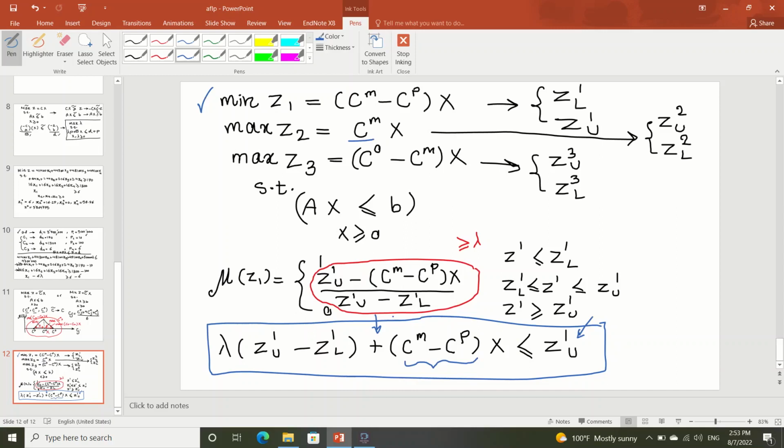And for the third objective function, this coefficient is changed to the Co minus Cm, and the plus is changed to the minus, and the Z upper is changed to negative Z lower for the third objective function.